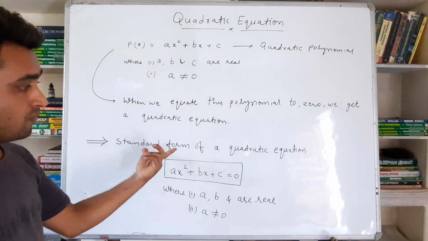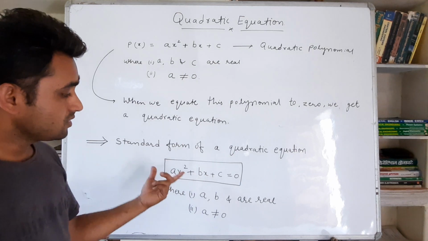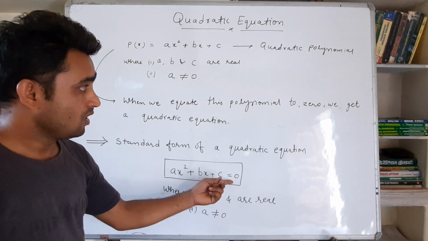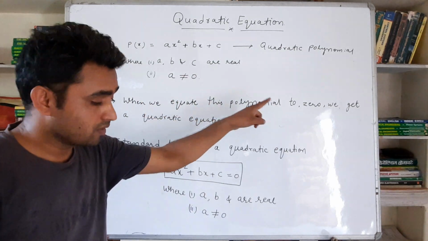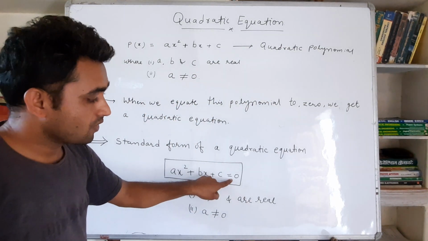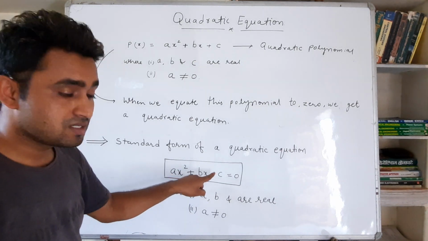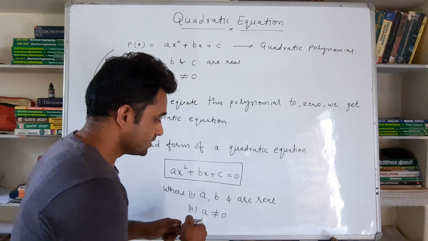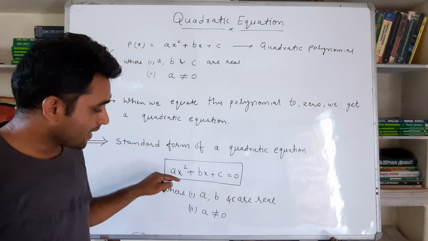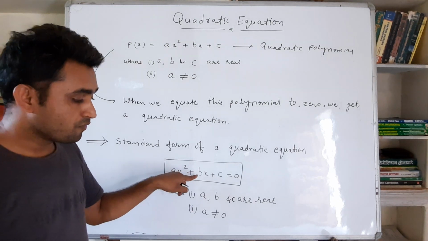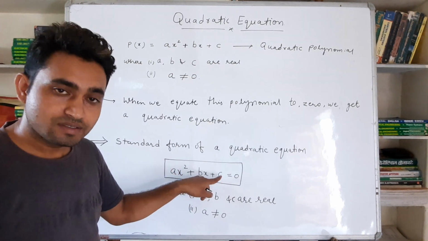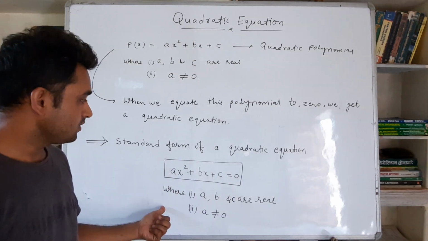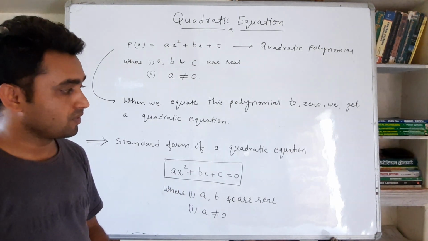So the standard form of a quadratic equation is ax square plus bx plus c equals 0, where again a, b and c are real. Where a is the coefficient of x square, b is the coefficient of x and c is our constant term. And a should not be equal to 0.